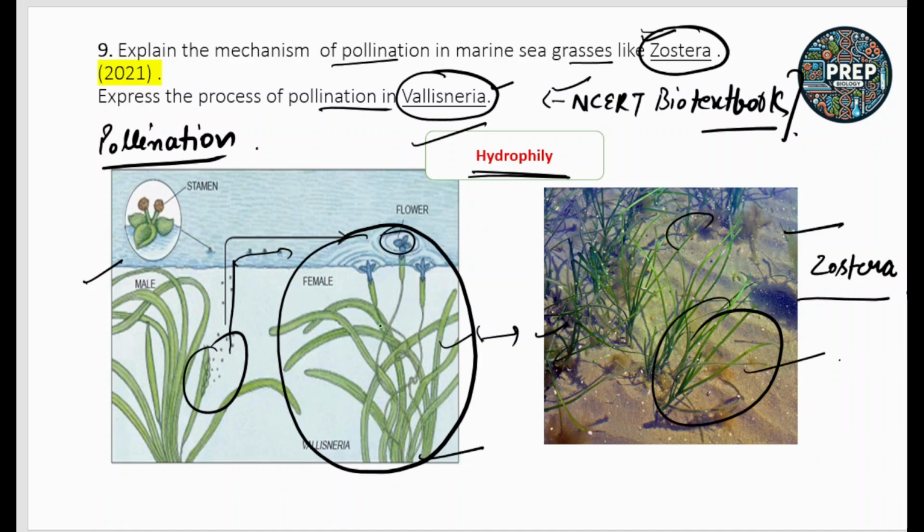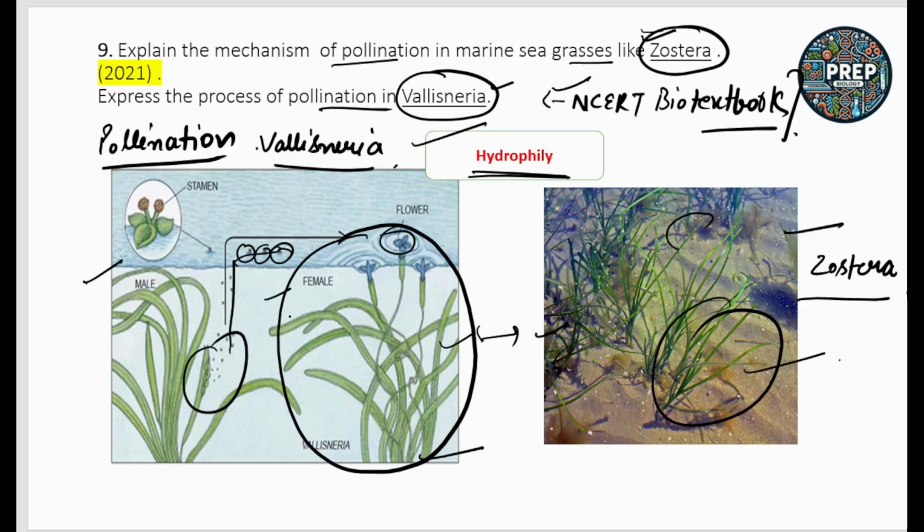So these both are plants in which water pollination occurs, and in Vallisneria the pollen grains are covered by a mucilage covering, which helps in sticking to the stigma as well as protecting from wetting by water.